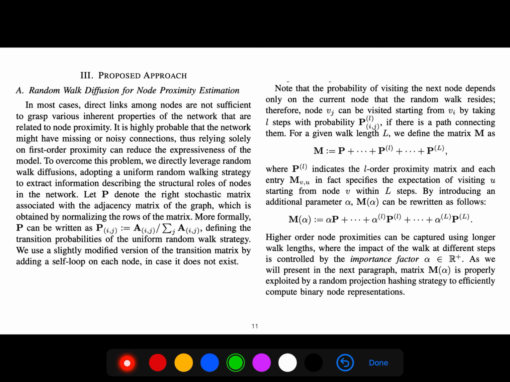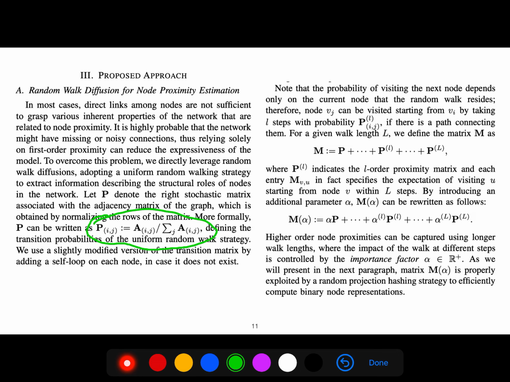Let P denote the right stochastic matrix associated with the adjacency matrix of the graph, which is obtained by normalizing the rows of the matrix. More formally, this P matrix, this right stochastic matrix, can be written like this, defining the transition probabilities of the uniform random walk strategy. Note that the probability of visiting the next node depends only on the current node where the random walk resides.